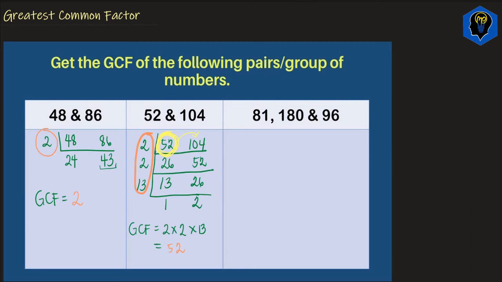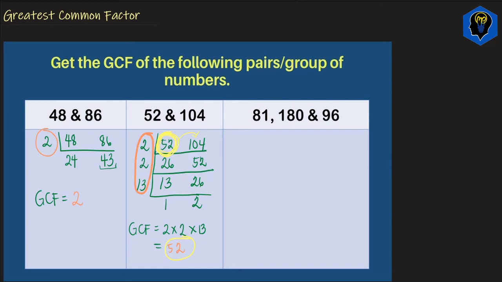I've just shown you how it's done so you know the long process, but that's a very good tip. If you know that the smaller number is already a factor of the bigger number, then you could skip solving at all, especially in your exams, to save time. And automatically, that would be the GCF of the given pair of numbers.